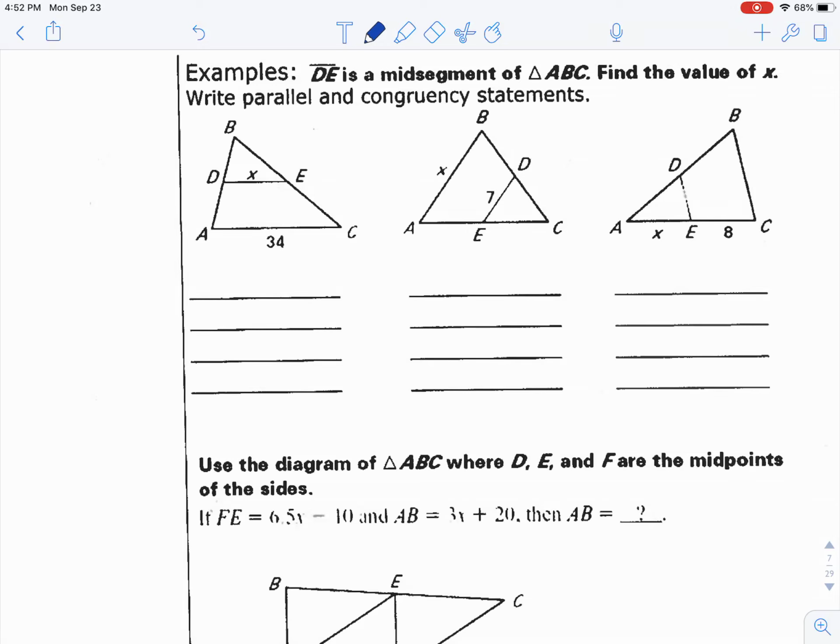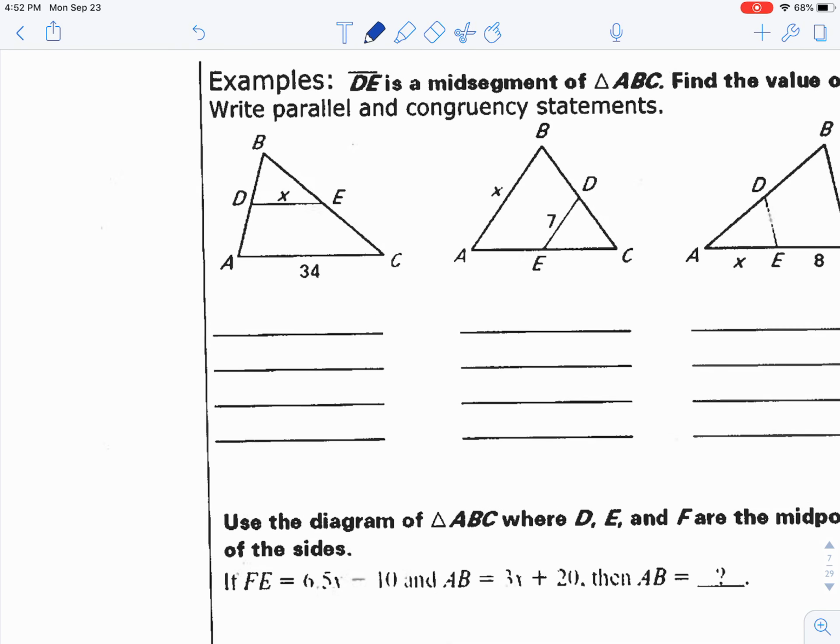So you made it to the second video, the second part of notes, the back of the front page.